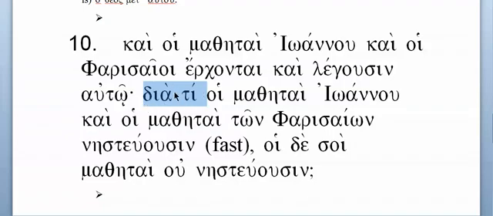As soon as you see dia, you ought to think of because of. And then ti, who, what, or why. Or because of what? Because of why. Those are kinds of things. But it's a question, and that's verified down here. Not only do you have the interrogative ti, and you know that because of the acute accent, but you also have the question mark to confirm that your suspicions are correct.